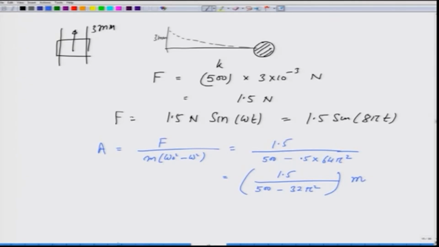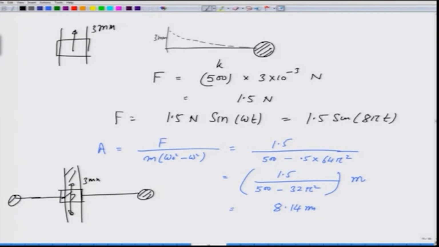You calculate this and you will get an answer to be 8.14 mm. So, when I take this beam, there is this collar which is going up and down by 3 mm. These balls at the end of these stiff rods are going to move up and down with an amplitude of 8.14 millimeters.